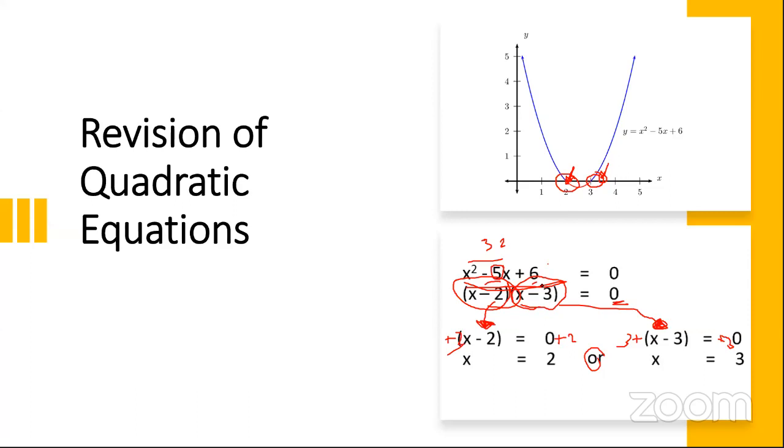Reminder of what we said last week: when you are finding values for equations, you are finding the values for which the equation is true. So at x being 2 and at x being 3, those are the points at which your y will equal 0. Those are the points at which your equation will be true.